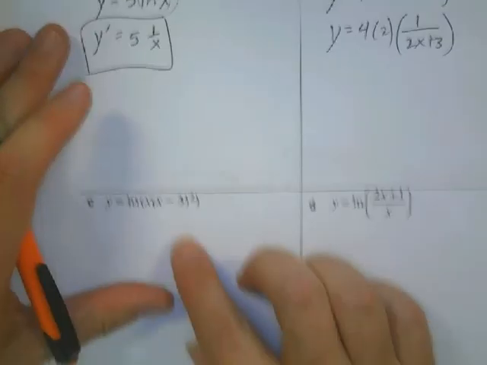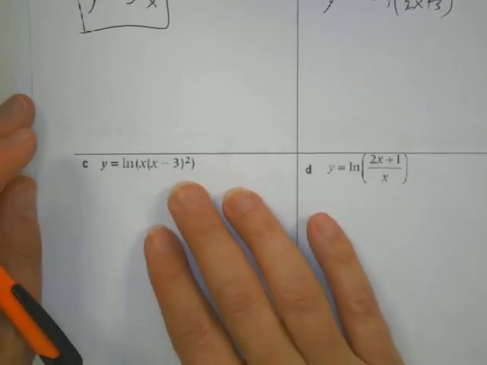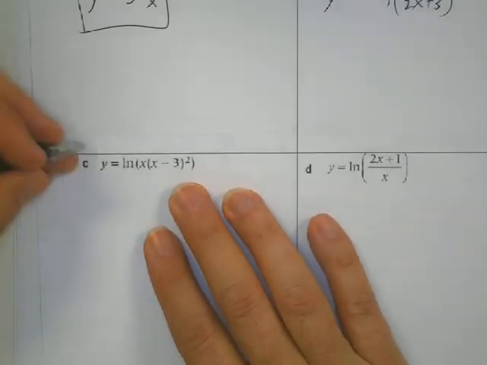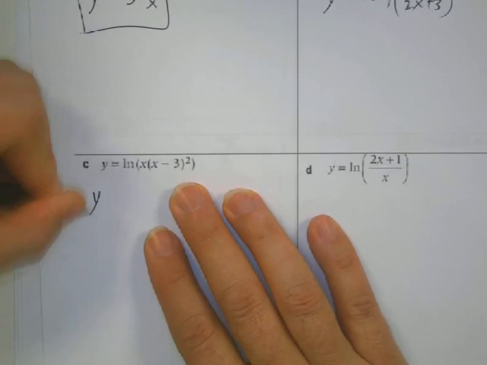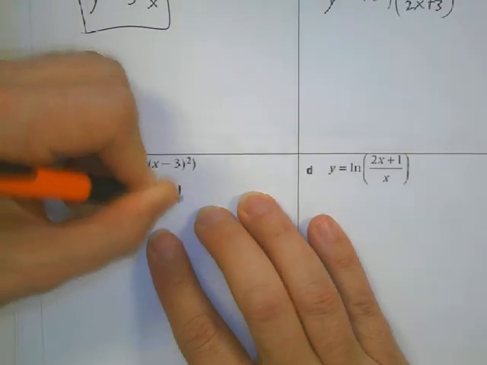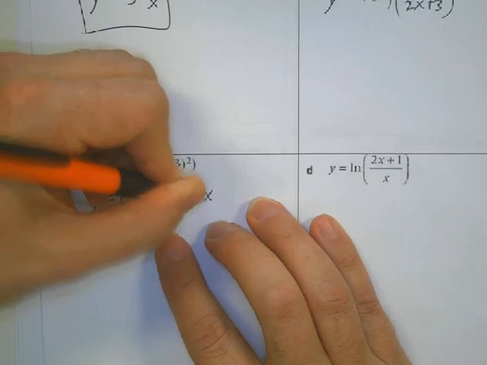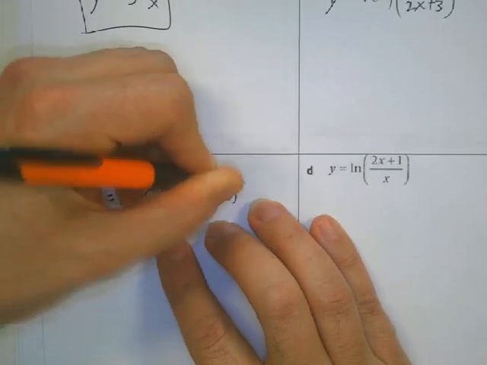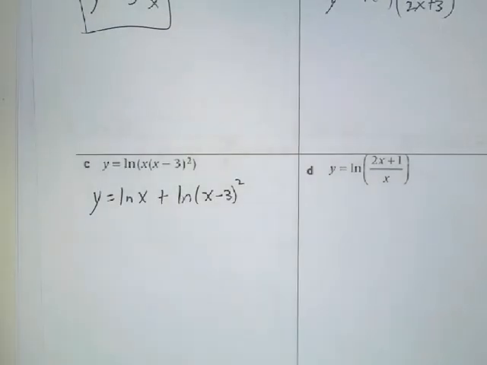Okay. This one's a little tricky. We can write this y equals natural log of x plus natural log of x minus 3 squared, because the log properties are, I need to get a formula packet out.